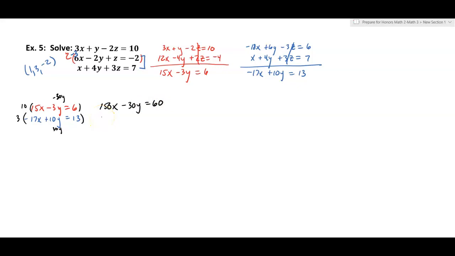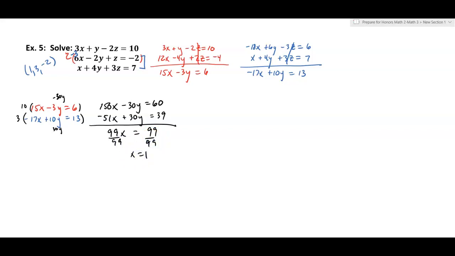Then the bottom equation would become negative 51x plus 30y equals 39. So I would get 99x equals 60 plus 39, which gives you 99. When I divide by 99, I get x is 1.